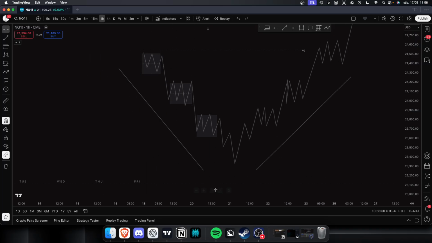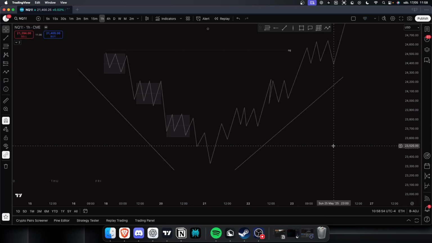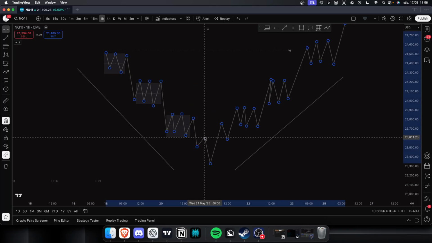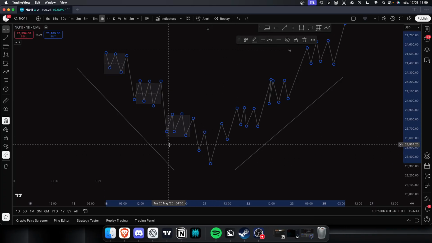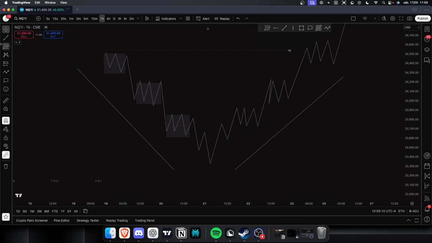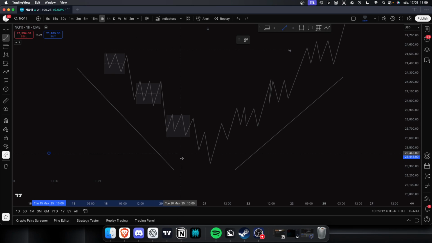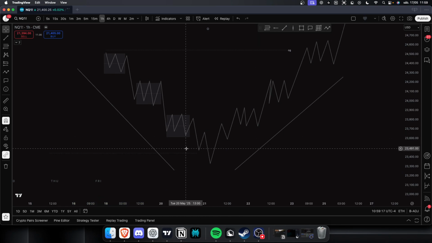Now I'm going to explain how you can find it right here, but first I need to explain the buy side. So using standard deviation for this is just connecting it to the last manipulation leg before the move starts. So right here you'd have your liquidity sweep and price going into a higher time frame PD or whatever is your draw on liquidity, but it's usually a higher time frame PD array.